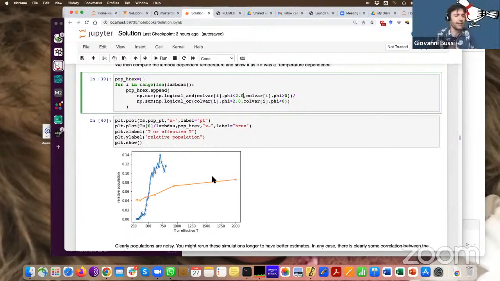So the population of the higher energy state is increasing as I go up in the replica ladder. Here, to make some comparison, I'm plotting this effective temperature, let's say, which is the simulation temperature 300 divided by lambda. And here I have the corresponding graph from parallel tempering. So they are similar just in the fact that they are both increasing. As I increase the temperature, the population of the B state increases.